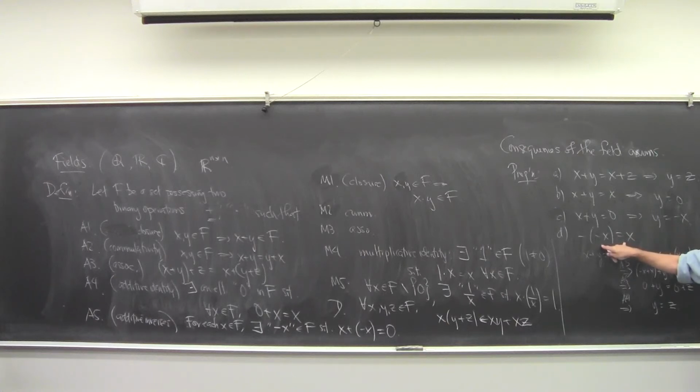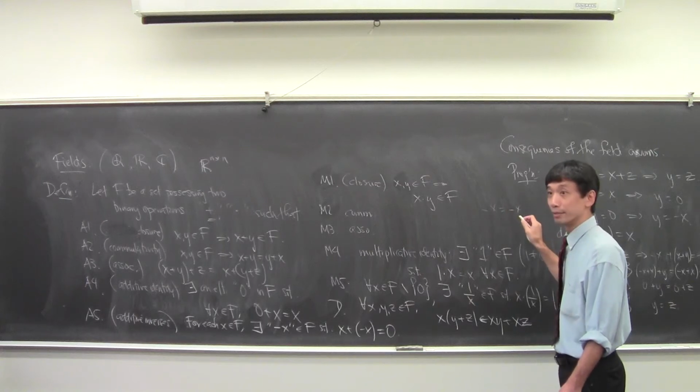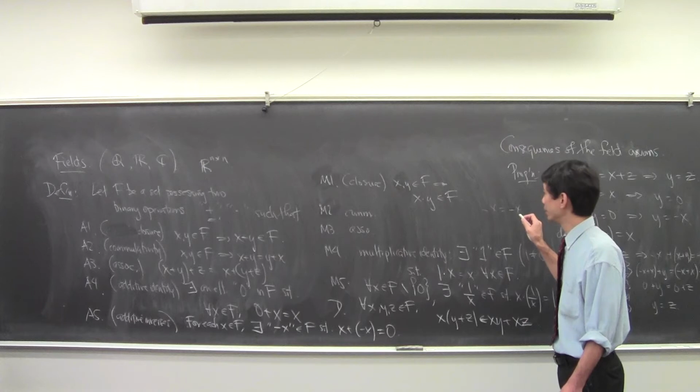What about this one? To show that negative x equals x. Maybe you could use e. I think negative x equals negative x. Negative x equals negative x? Okay. Negative x equals negative x. Then move the negative x.